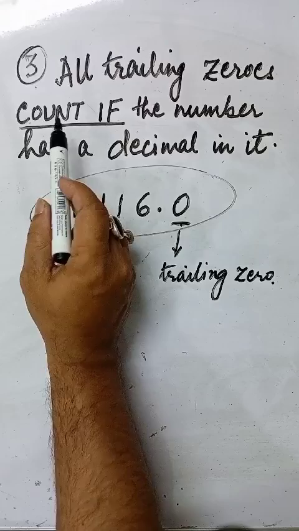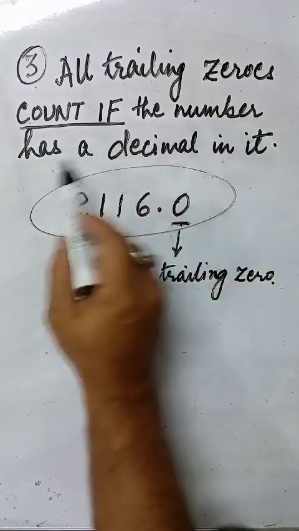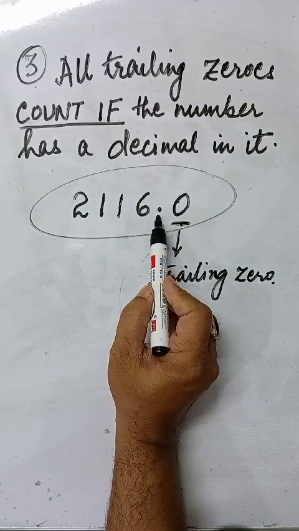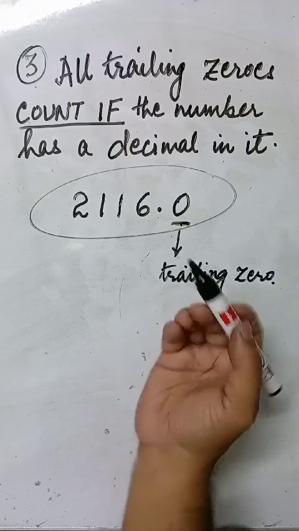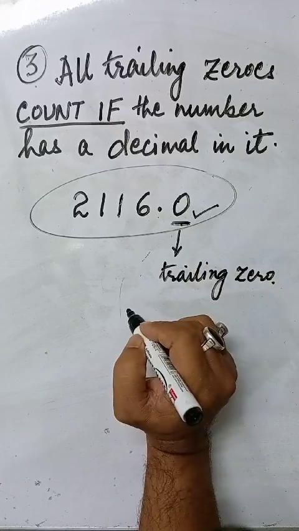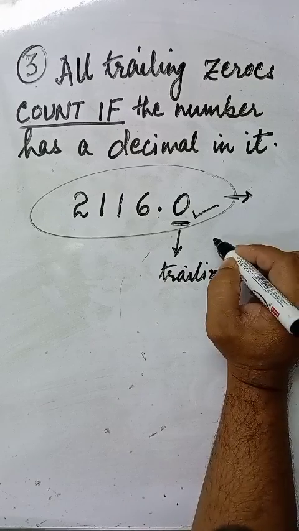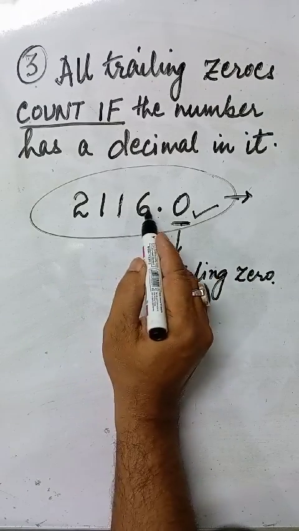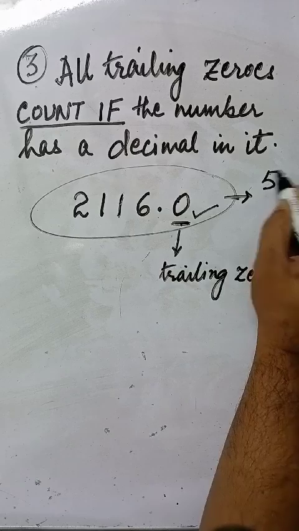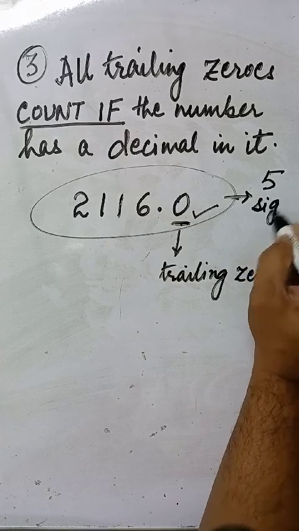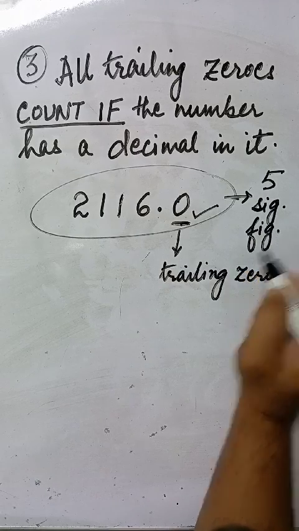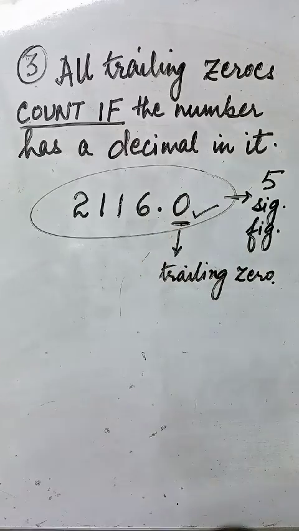It says that we will count that zero if the number has a decimal in it. So is there a decimal in it? Yes, there is a decimal in it, therefore it will be counted. So the number of significant figures in this number is 1 2 3 4 and 5. 5 significant figures are there in this particular number.